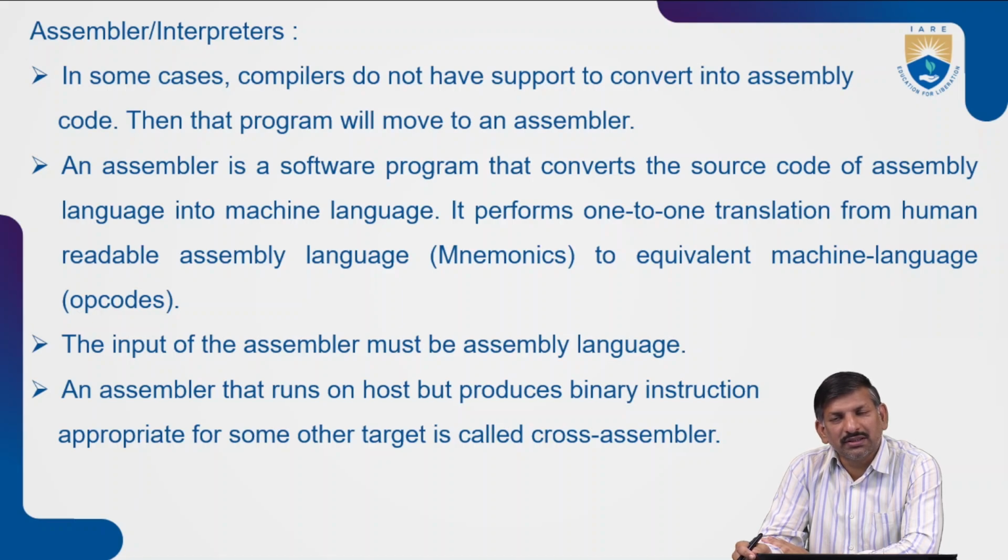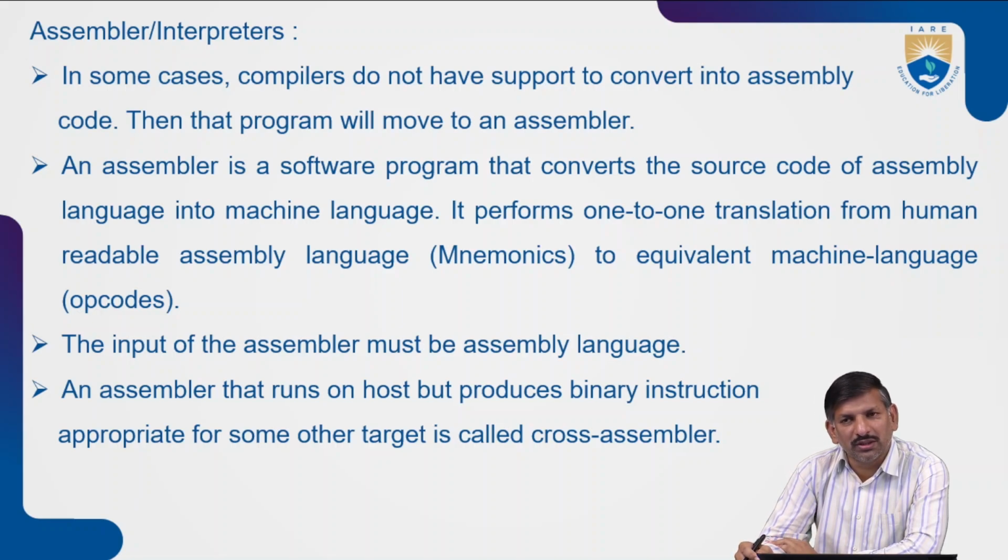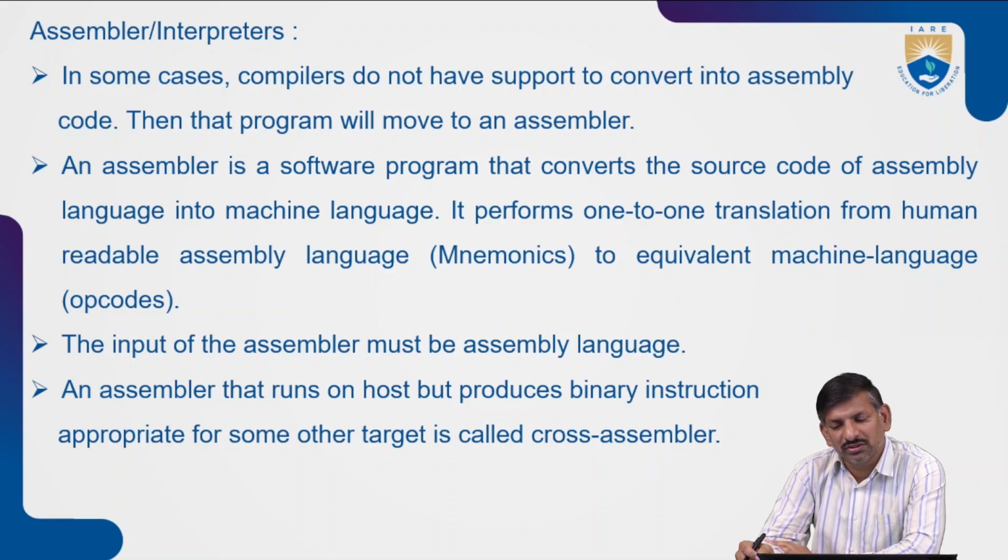In some cases, compilers do not have support to convert into assembly code. Then the program will move to the assembler. An assembler is a software program that converts the source code of assembly language into machine language.